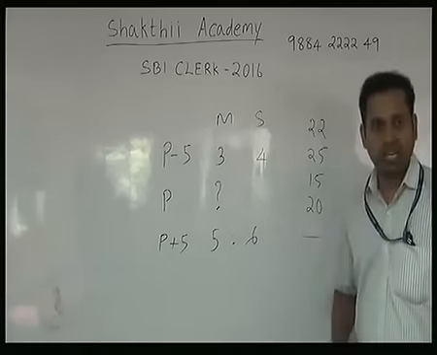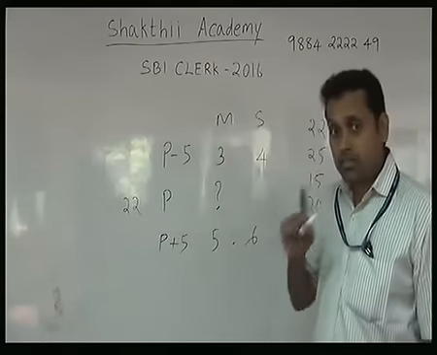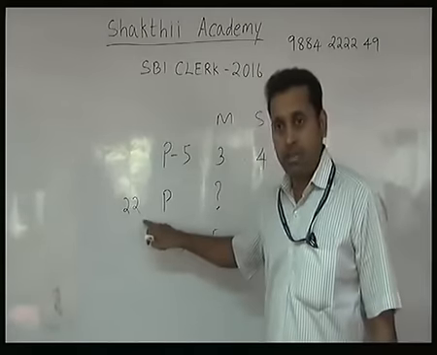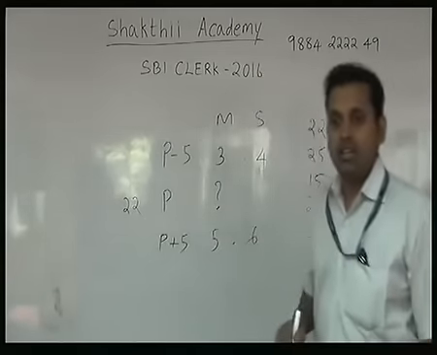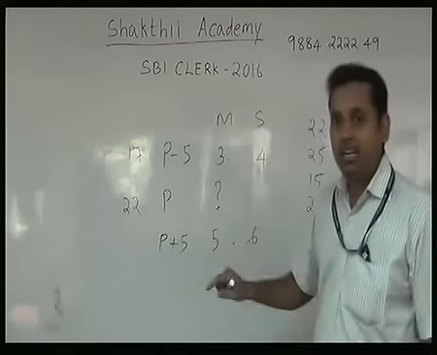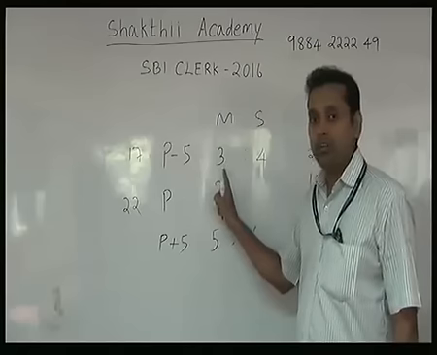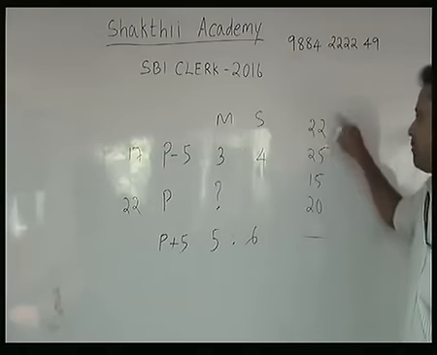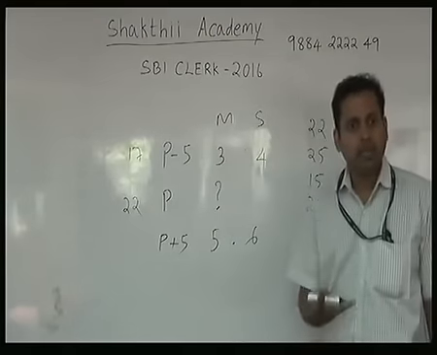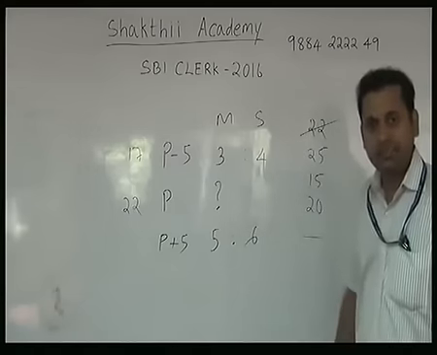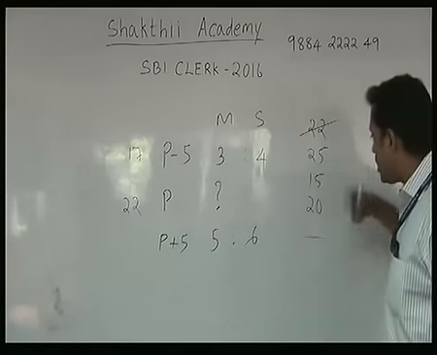I write 22 here, and remember, before 5 years, 22 minus 5 is 17. 17 must be divisible by 3. Is it divisible? No. That means 22 is not Meena's percentage. Similarly, I can try all the options given.